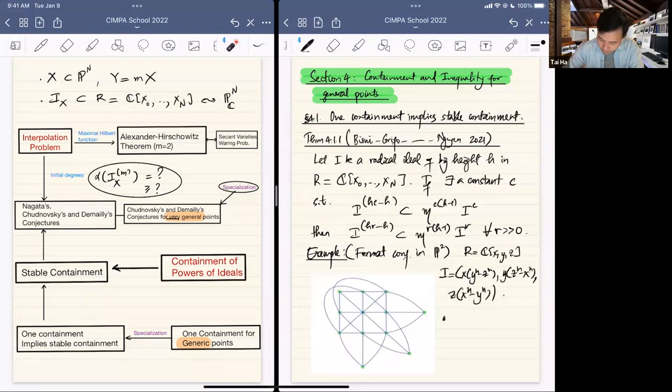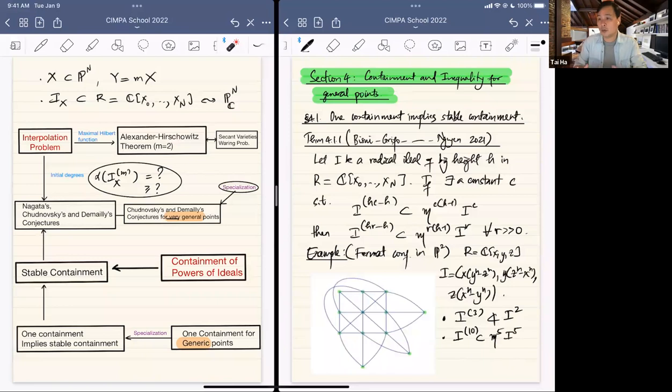What we know about this is that this is a counterexample to the Harbourne containments. However, we can test that the symbolic 10th power I^(10) is contained in m^5 I^5.